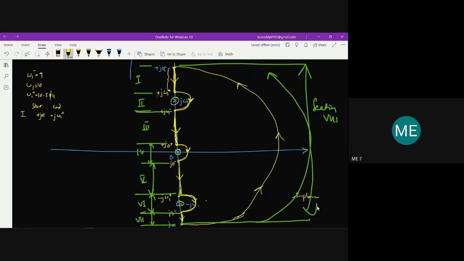This section covers from plus j infinity to plus j omega 1 along the imaginary axis. Then section 2: the starting point is plus j omega 1 plus. The first section's ending point becomes the second section's starting point. And the ending point of the second section is going to be plus j omega 1 minus.